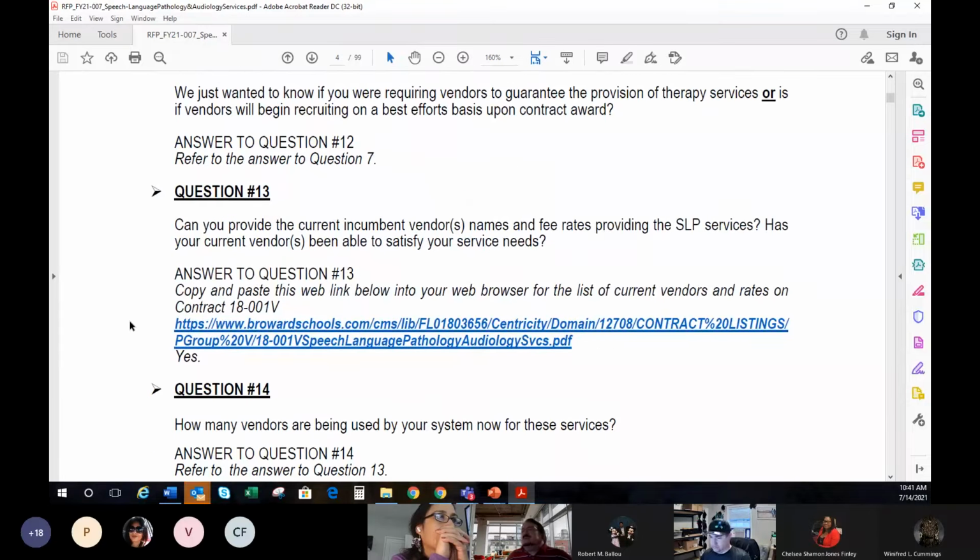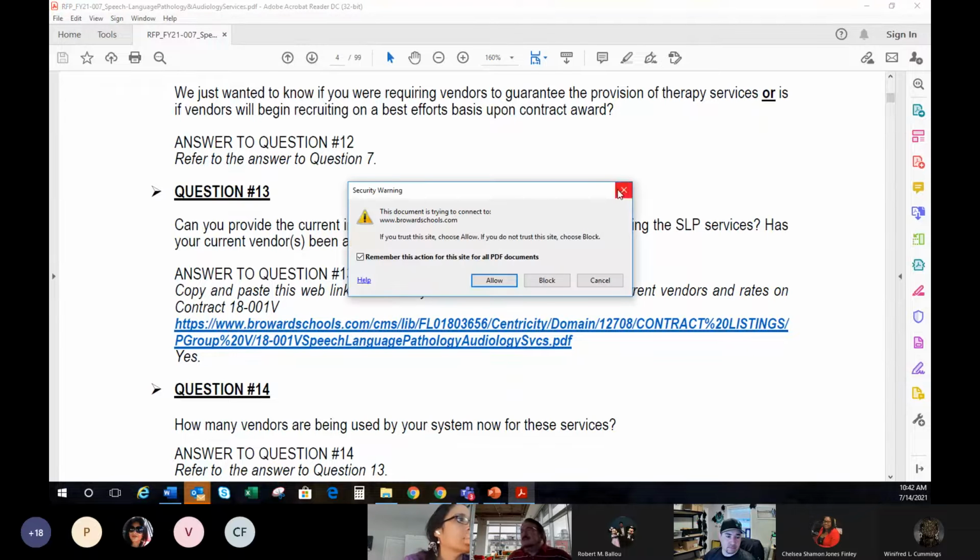Okay, what we did here, we provided a link that has all the incumbent vendors' names and fee rates provided for SLP services. So basically what you do is you take this link, you can either right-click it and open the hyperlink to it, or copy and paste this link into your browser.